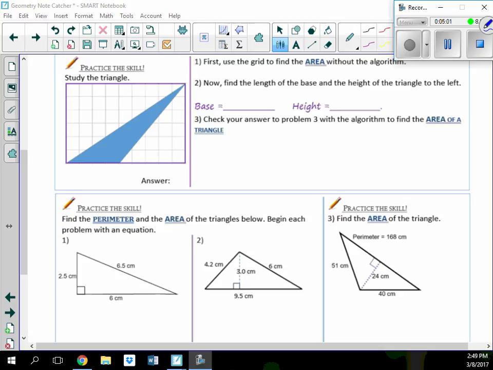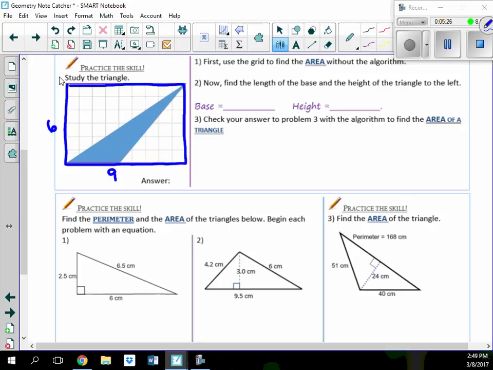So the first thing that I'm going to do is find the area of this whole entire box here. And I know that this box is 6 by 9.